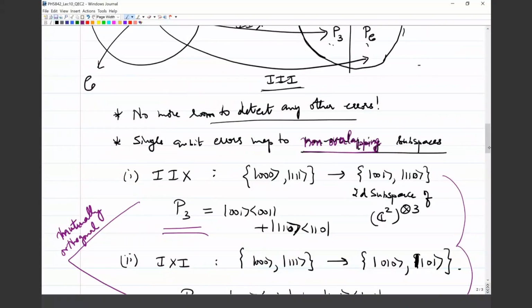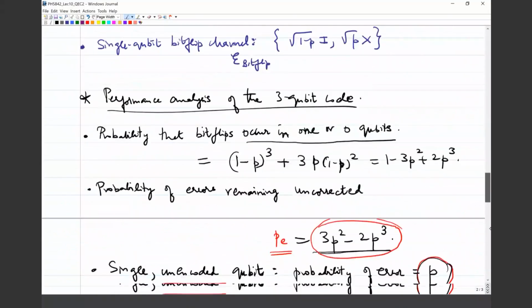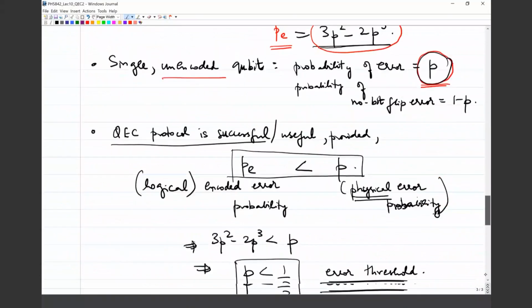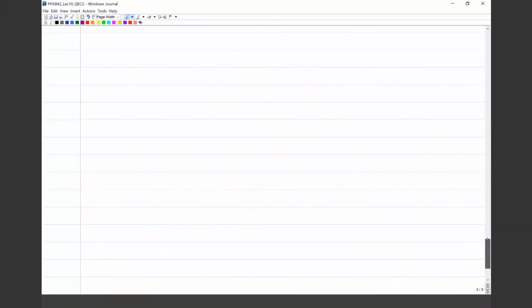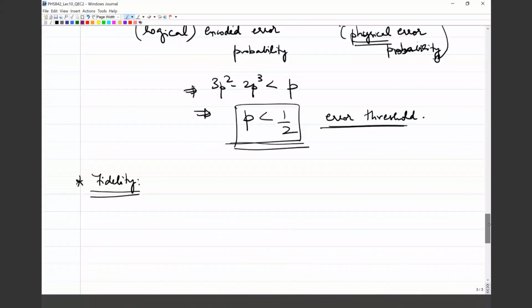So we did the naive analysis and we have identified an error threshold. We have identified an error probability below which the code works well, above which it does not work well. But this does not tell me how the code protects or preserves the information in a given quantum state, because this whole analysis is done without any reference to states. So instead, what I would like to do is have a state-based measure of how effective an error correcting code is.